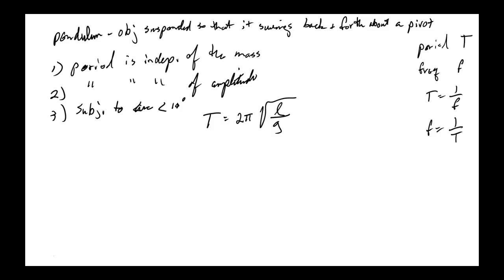Okay. So anyway, this is the formula for the period of a pendulum. Okay? And what you want, generally, for a clock is that period to be 1 second, 2 seconds, or something like that. So everything is geared for that length. So this is the length of the pendulum. What is g?